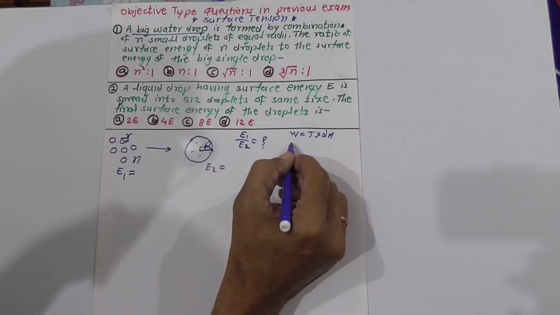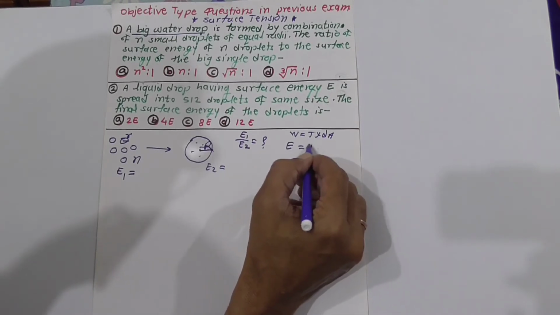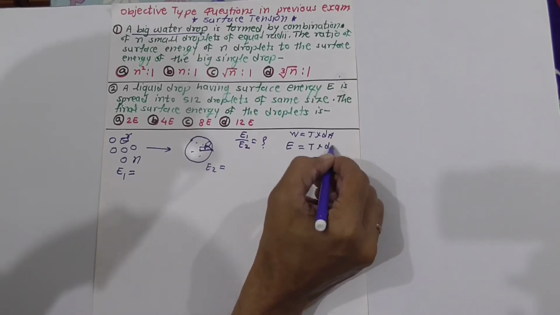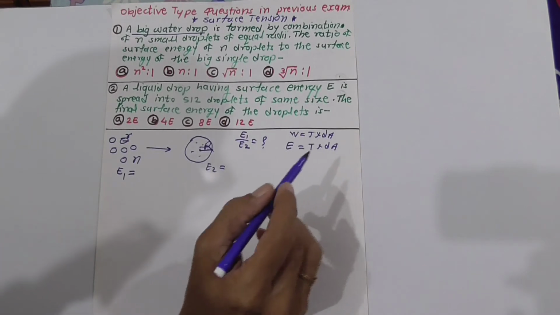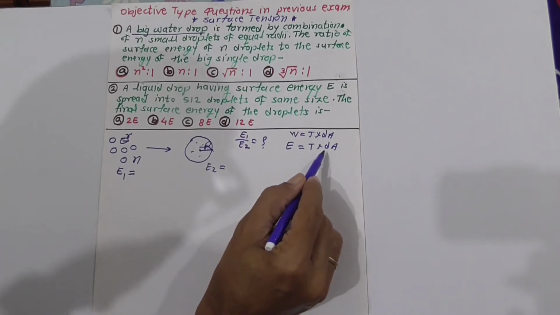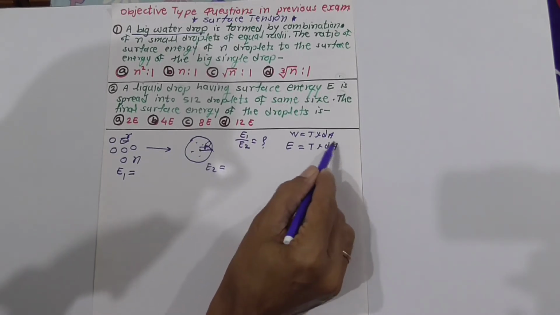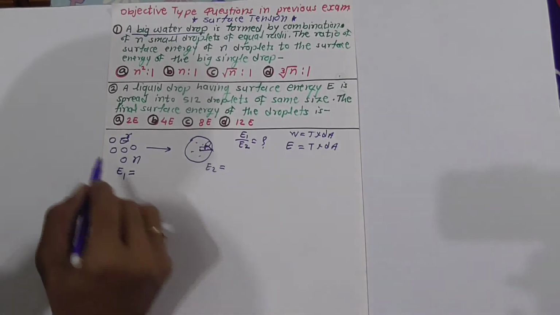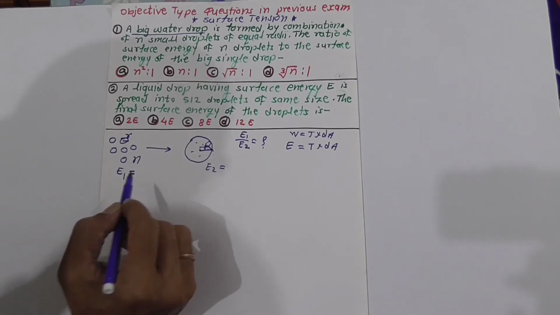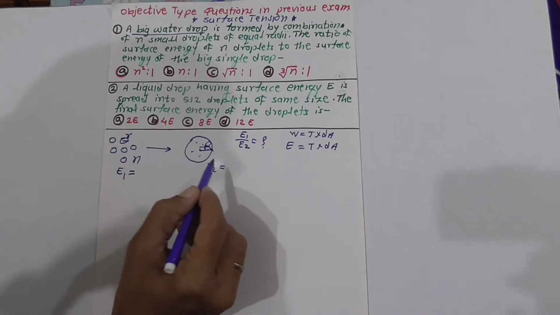The same is the expression for the amount of energy, E equal to T into dA. I repeat, dA is the area of the single drop, or the area of all these droplets, while finding the energies.